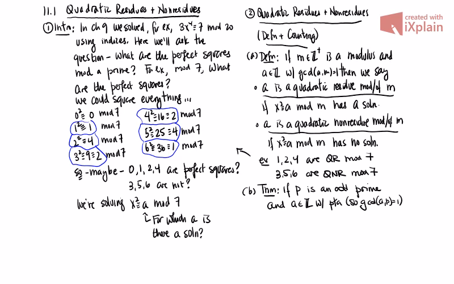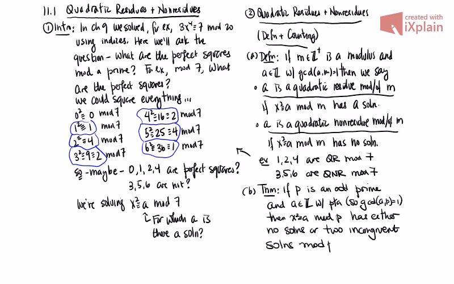So we're in the good category of things that we're interested in. And we can see that x squared is congruent to a mod p either has no solutions or two incongruent solutions mod p. So like in our example, 4 has two solutions, 5 has no solutions.